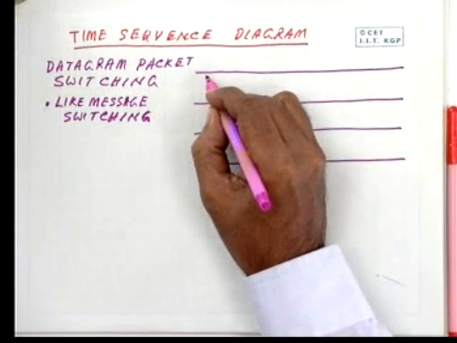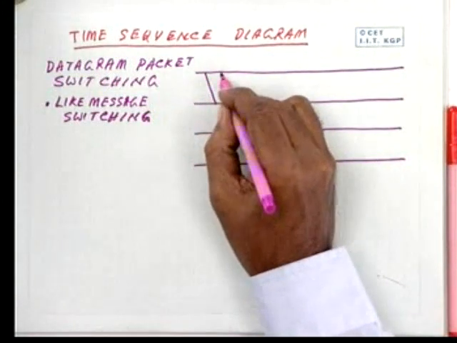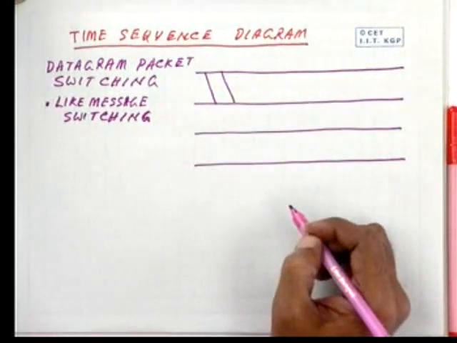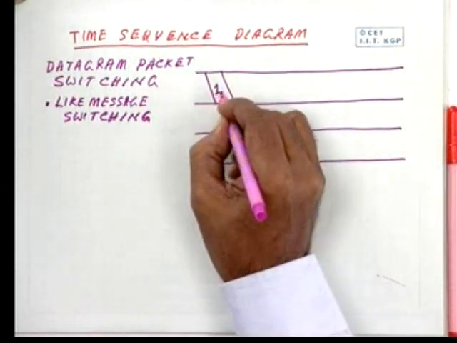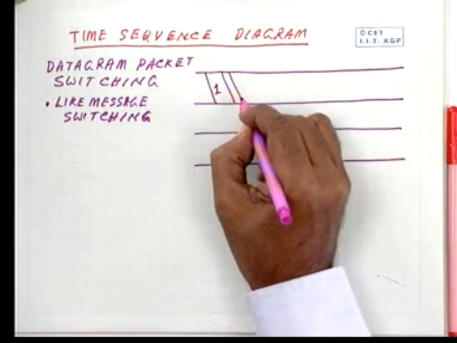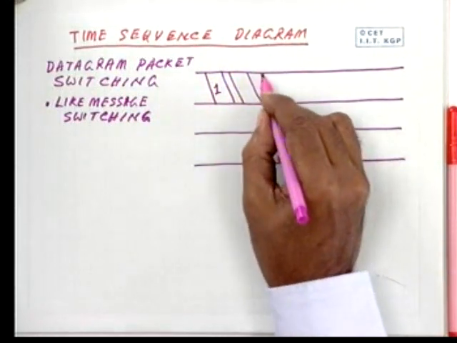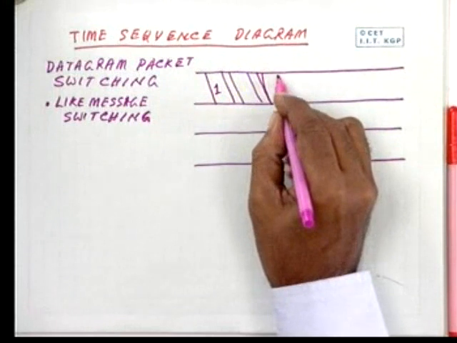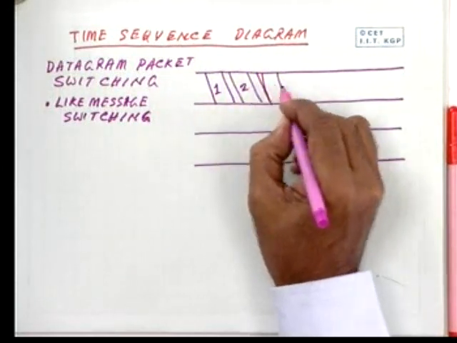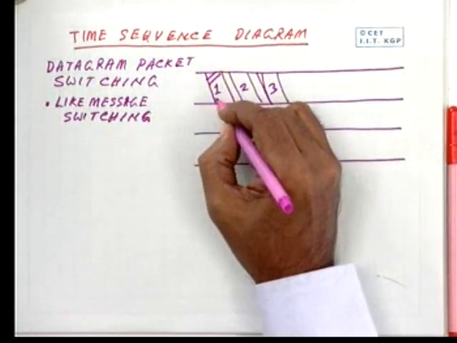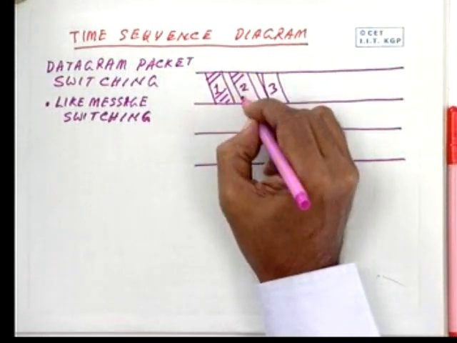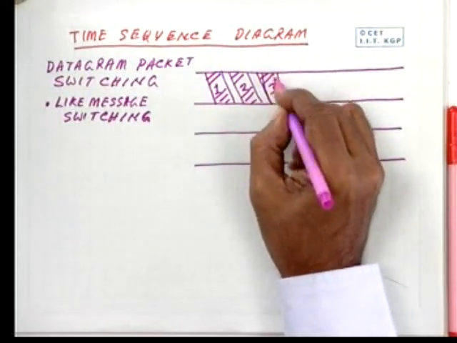We are starting to send packets straight away. Packet number 1 followed by packet number 2 followed by packet number 3. So this is 1, 2, 3. There can be some gap in between or it can be sent immediately.